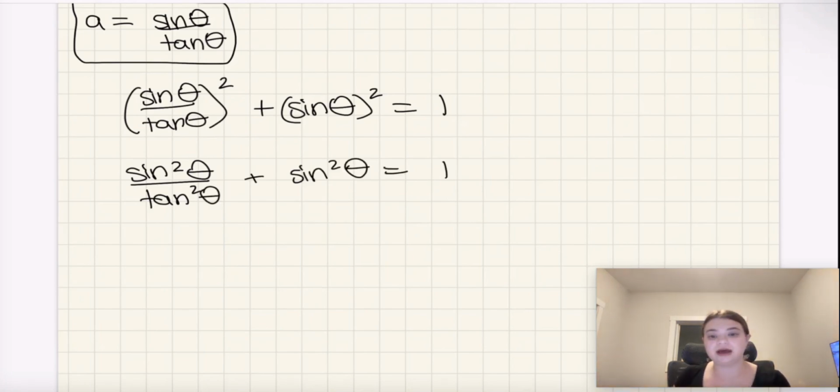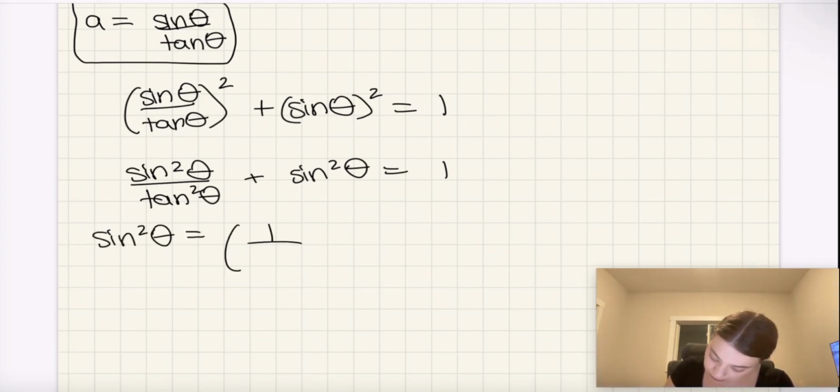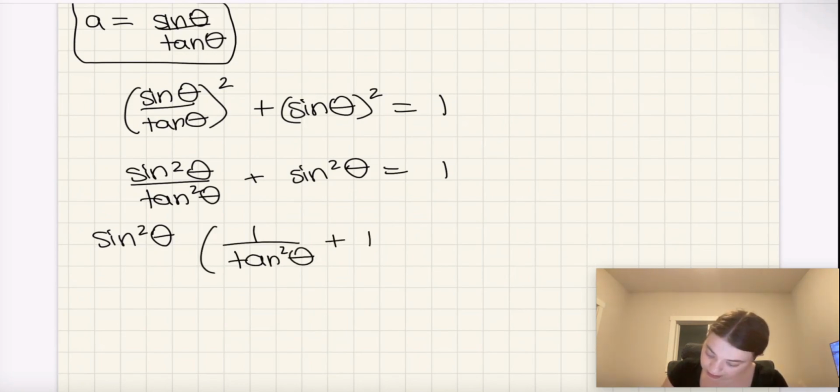Then I can factor out a common factor of sine squared theta. So sine squared theta times 1 over tangent squared theta plus 1 is equal to 1.